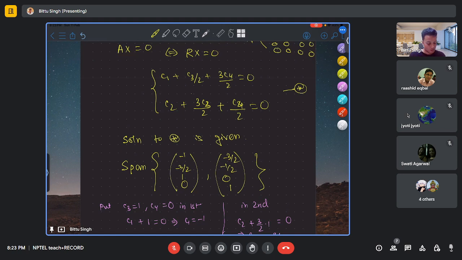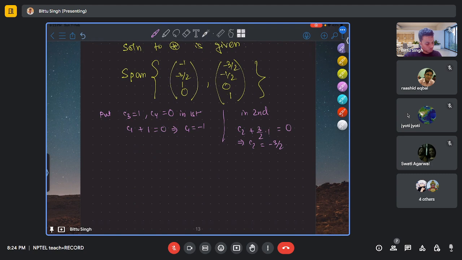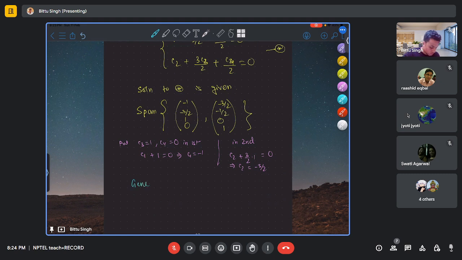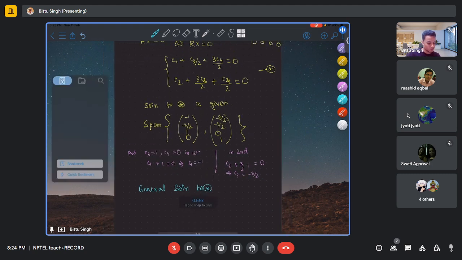Can you recall how we can get the solutions? If you can recall, the general solution to star can be given by this form.